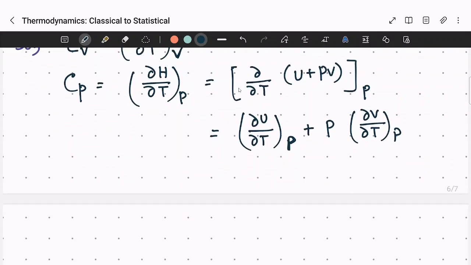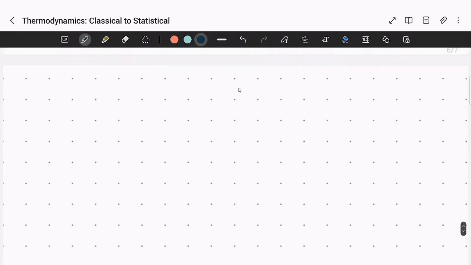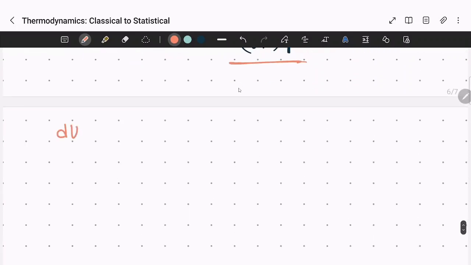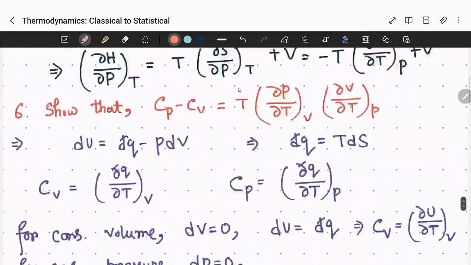So (∂U/∂T) at constant P. What is (∂U/∂T) at constant P? We have to first evaluate it. Now dU can be written as (∂U/∂T) dT plus (∂U/∂P) dP... no, I have written it here.